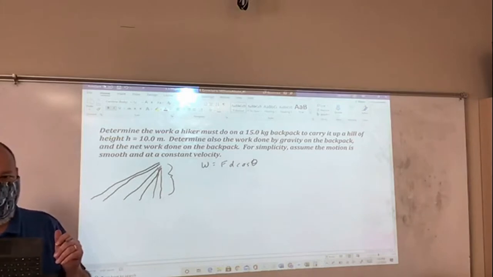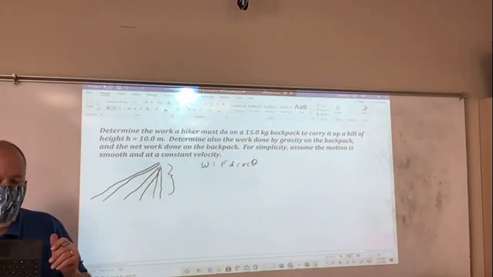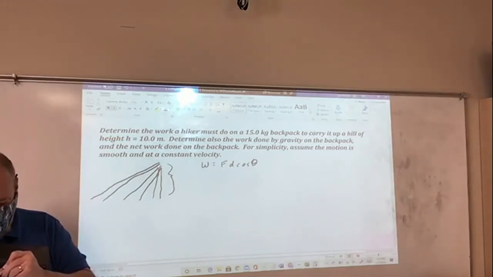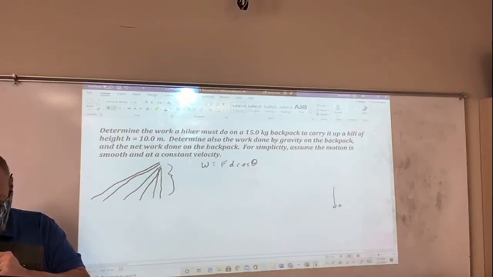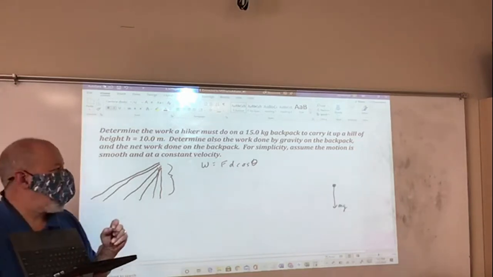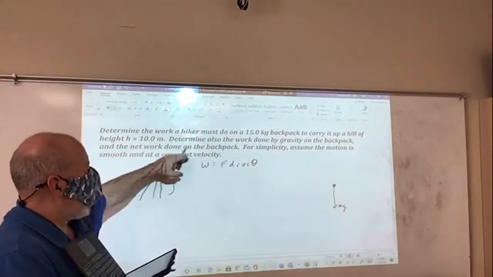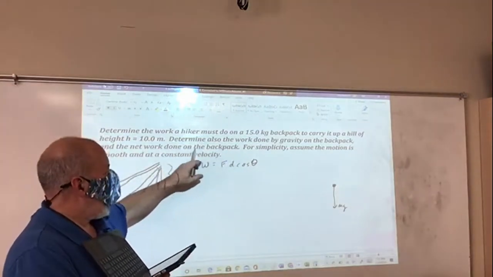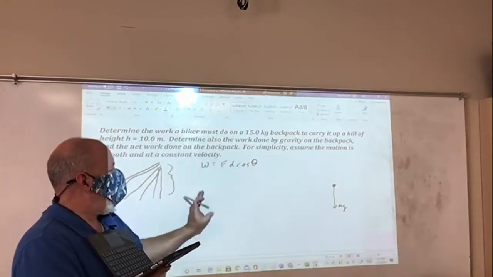What's the force going to be? What's the force of gravity on the backpack? mg.